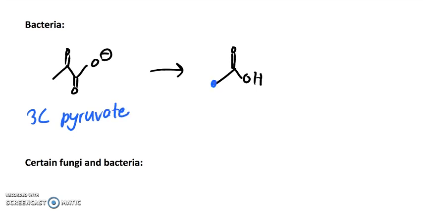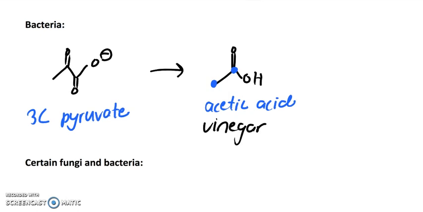This is a 2-carbon acid. So a 2-carbon acid here, this is called acetic acid. And when you go shopping and you get yourself some vinegar, it is composed of acetic acid. So we can use bacteria to create things for us, like vinegar.